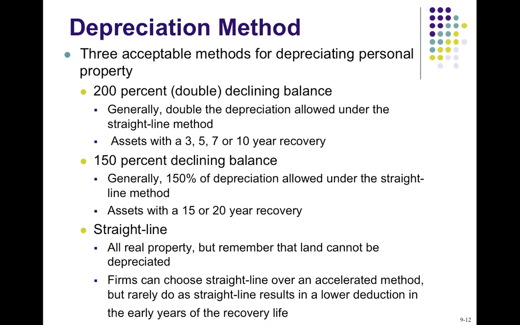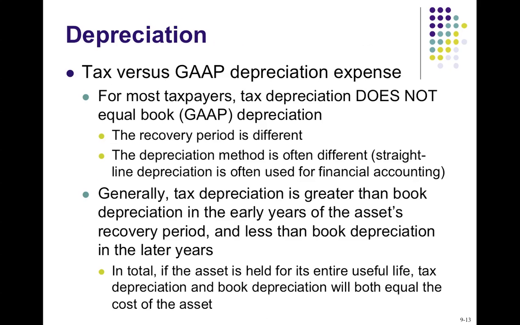Okay, so usually this is preferred by taxpayers over straight line. But if they want to use straight line, they can make that election and go ahead and use straight line. Okay, and so that's depreciation method. And again, we're not going to talk any more about it because most of the time it's a function of the recovery period, and the recovery period is easy because the IRS tells you which recovery period to use.